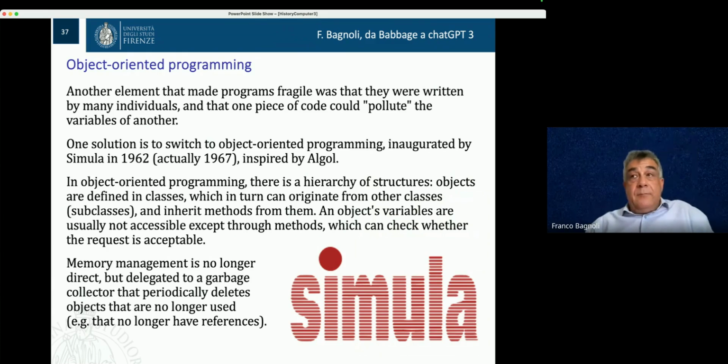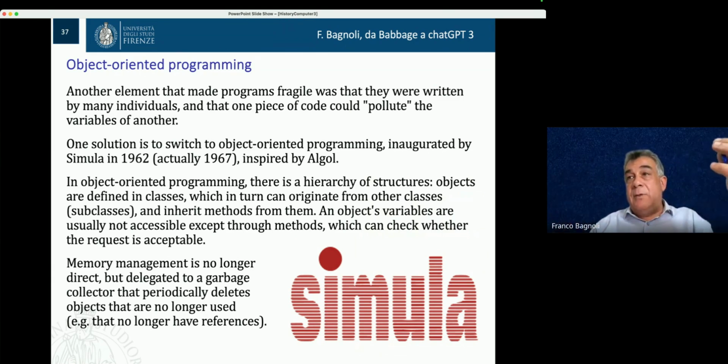And the solution was to develop languages that naturally forbade access to internal variables, and only allowed access through methods.